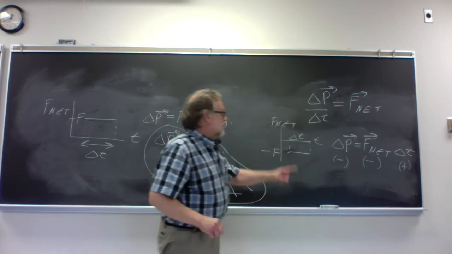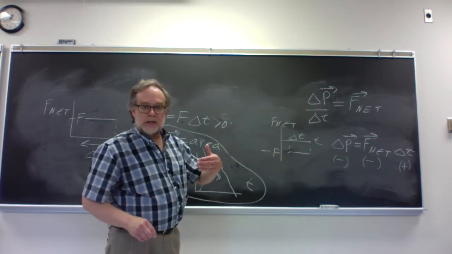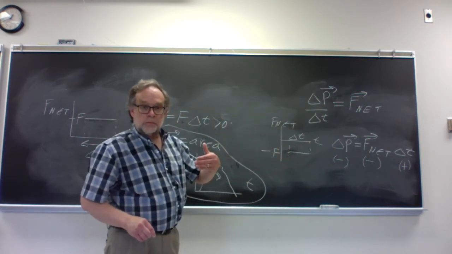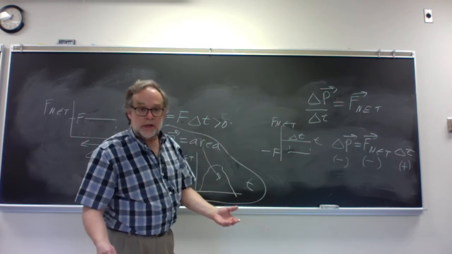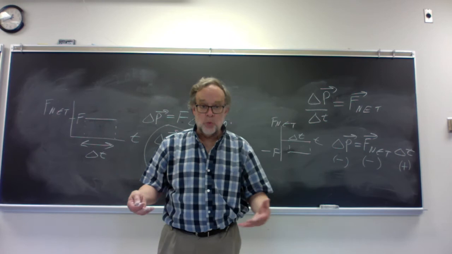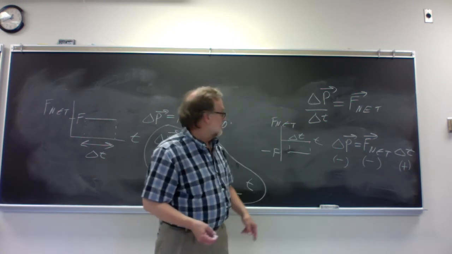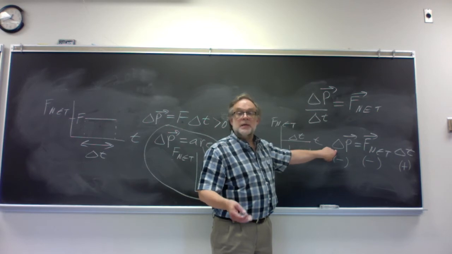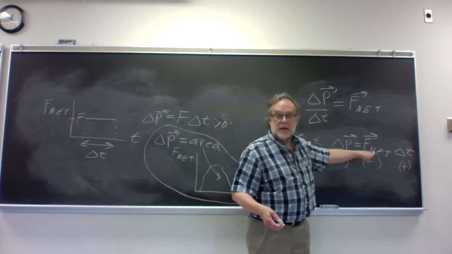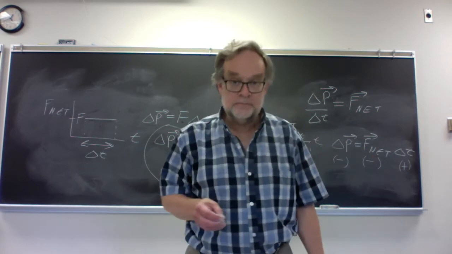Right? The net force is pointing in the negative direction, so it will add negative momentum or subtract away positive momentum, meaning that the momentum change is negative. The momentum becomes more negative because of that negative net force.